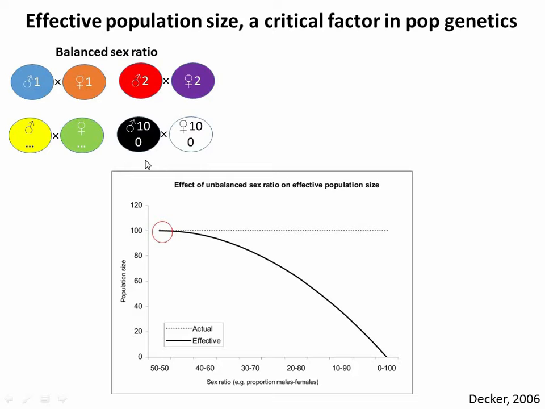If everything goes fine, if there is no drift, if there is no change in allele frequencies because of selection or whatever, you can imagine that generation after generation, this population will remain at an effective population size of 100. Again, the original number of unique individuals is 100, and if there is no selection or whatever, then this effective population size will remain the same.